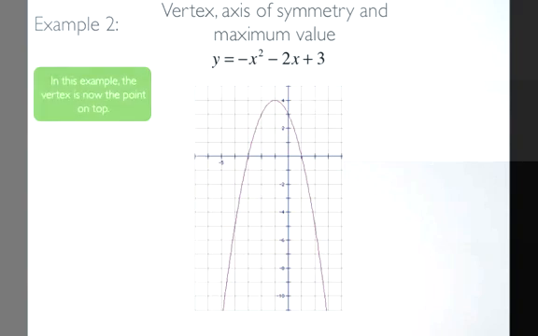This means that in this example, the vertex is now the point on the top. The coordinate for this vertex is negative 1, 4, because it's at negative 1 and at positive 4 on the y-axis.